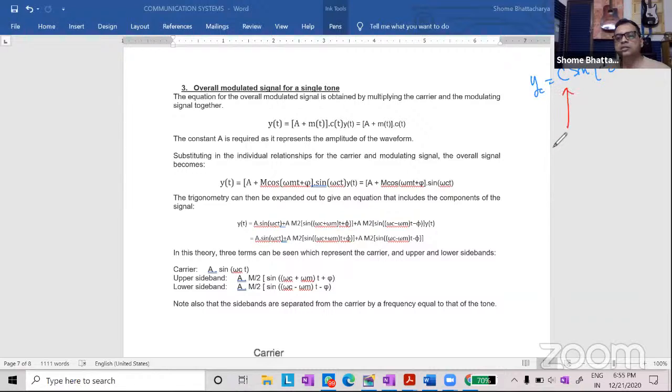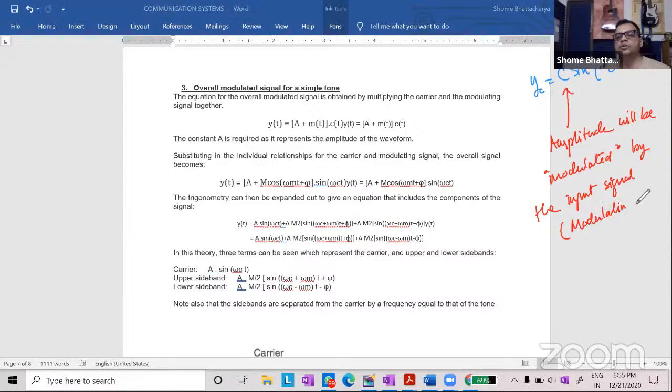This amplitude term will be modulated by the input signal, or the input wave, which is nothing but the modulating wave. So what is the modulating wave going to affect? It is going to affect this amplitude. Our modulating wave was capital M sine omega m t plus some phi, where this was the amplitude and this was the frequency of the modulating wave. So now we can see that this thing gets affected by that.